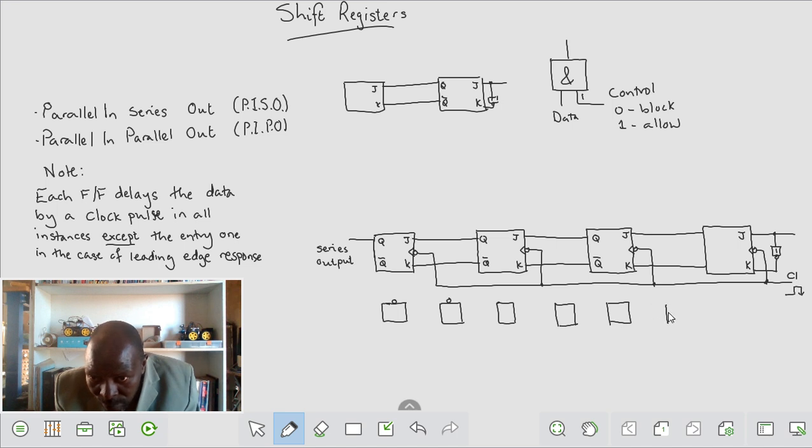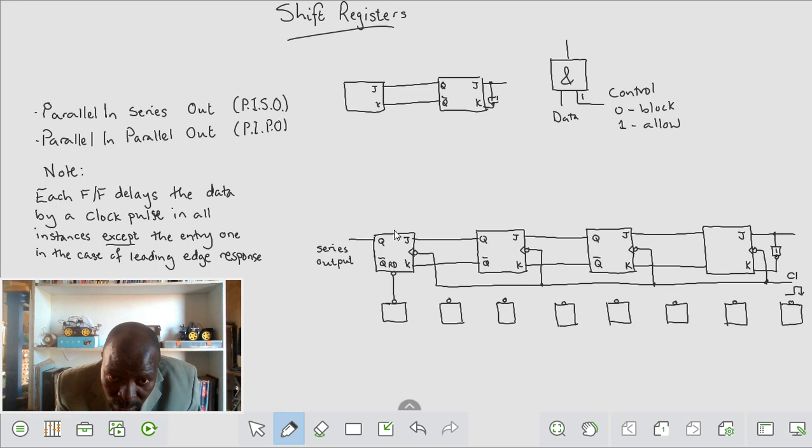Set, reset and set. Probably going to have to move the traffic there. So these are NAND gates. Okay, so that one goes to that guy, so reset.